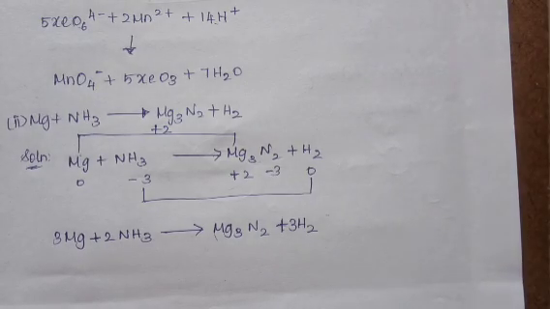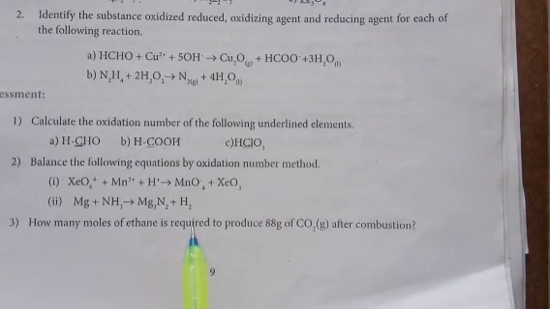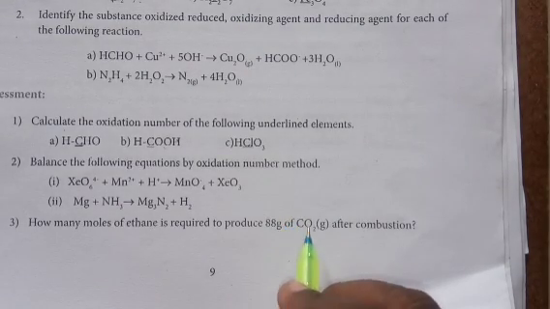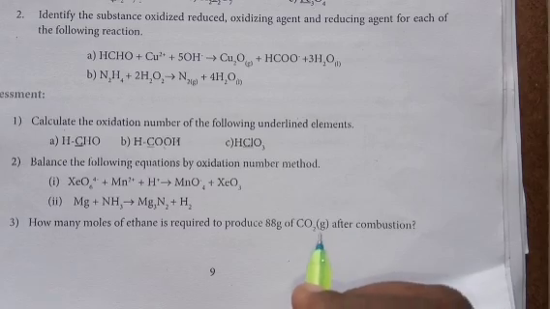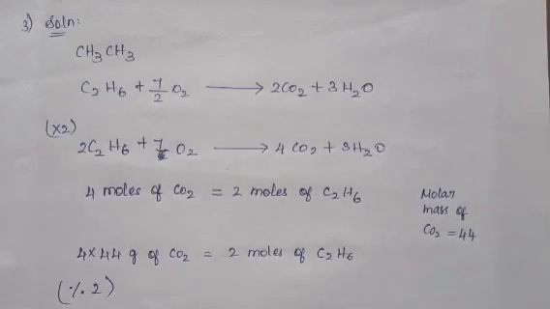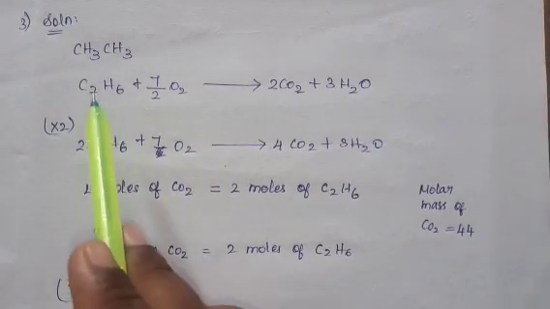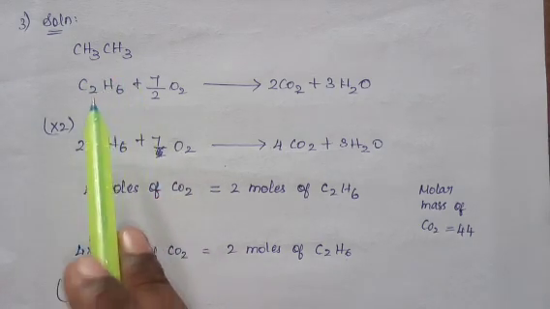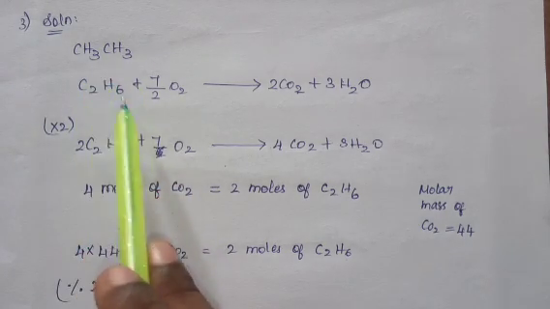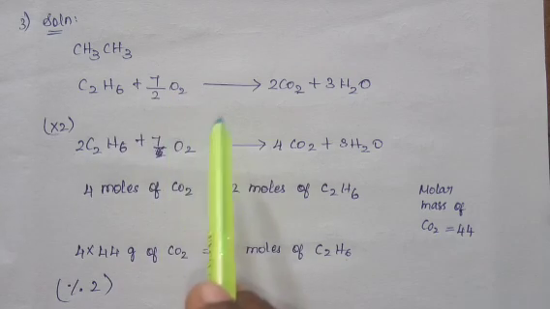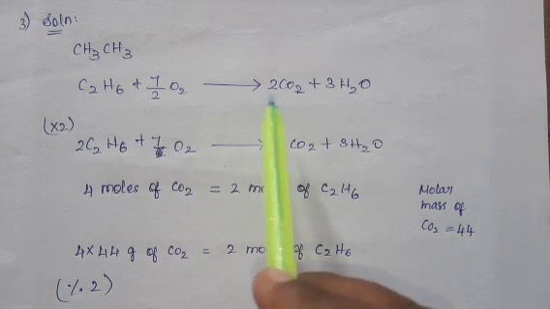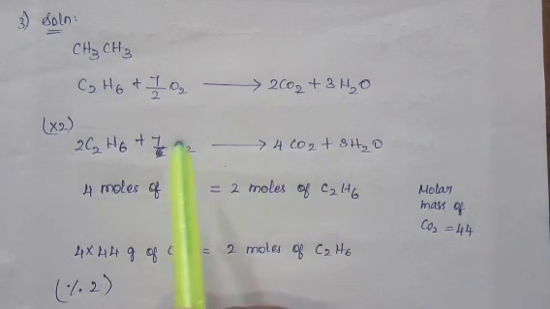Now third question: how many moles of ethane are required to produce 88 gram of CO2 after combustion? So what they are asking is, how many moles of ethane are required to produce 88 gram of CO2 after combustion? For ethane, the correct formula is C2H6. So we can write C2H6 plus 7 by 2 O2 gives 2CO2 plus 3H2O.